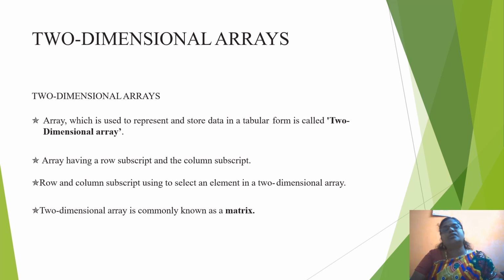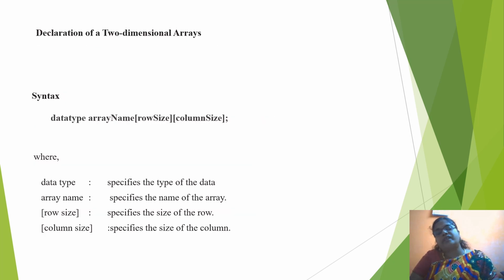A two-dimensional array is used to represent and store data in a tabular form. It is an array having a row subscript and a column subscript. Row and column subscripts are used to select an element in a two-dimensional array. A two-dimensional array is commonly known as a matrix. Syntax of two-dimensional arrays is data type array name of row size, column size.